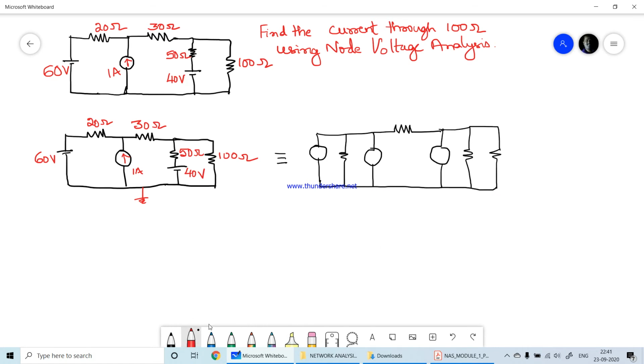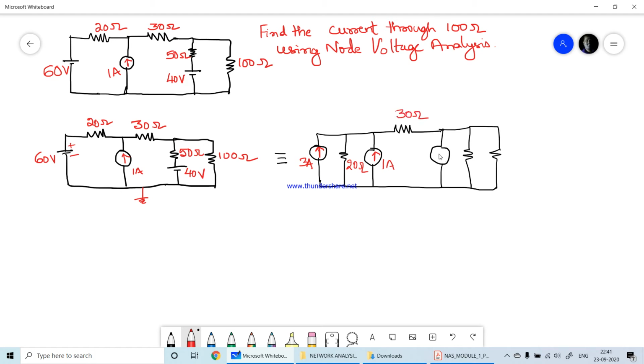Now I mark all the values. This is the current source, and the arrow will point upwards because plus is here and minus is here. So 60 volts and 20 ohms gives 60 by 20, which is 3 amps. The 20 ohms remains here. Then we have a current of 1 amp, and here 30 ohms.